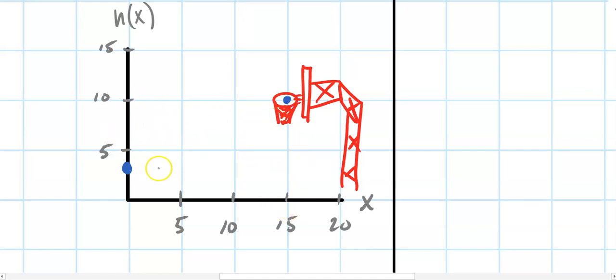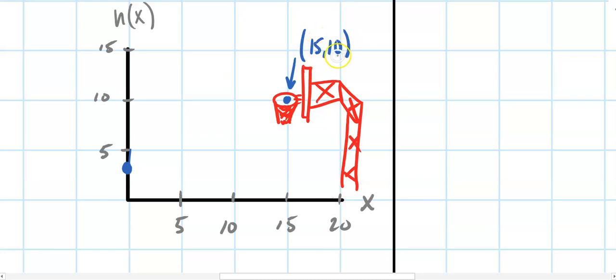We're 15 feet away from the free throw shooter, and we have to have that ball be at exactly 10 feet in the air by the time it reaches this hoop. So we're projecting this basketball to go in this trajectory right here. So if our goal is to land in this position, which would be the coordinate 15, 10, when x is 15, h of x is equal to 10.